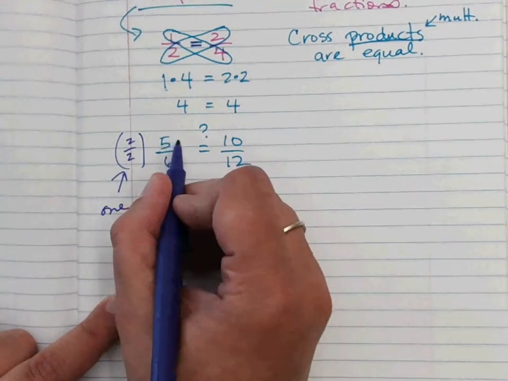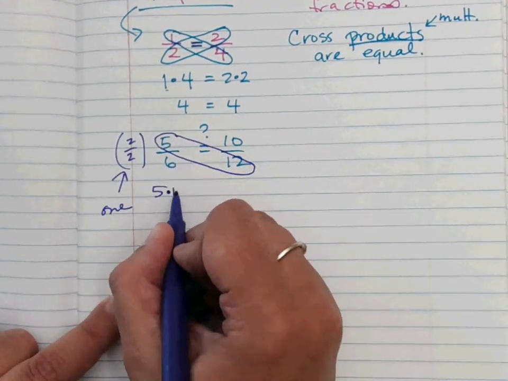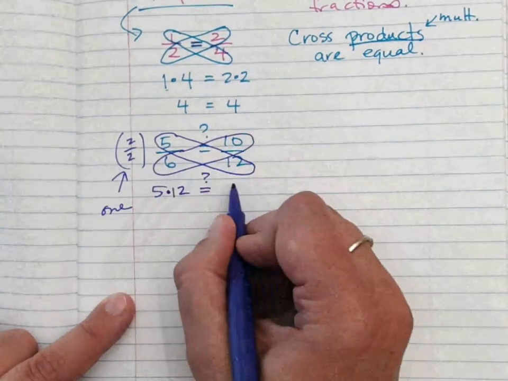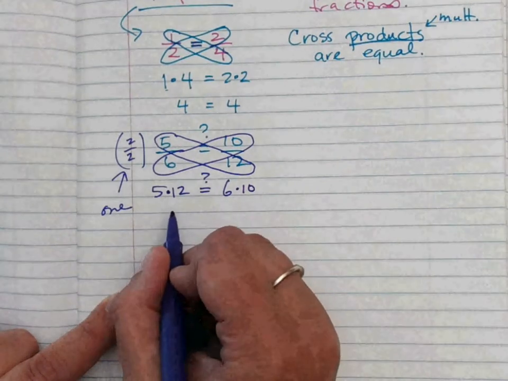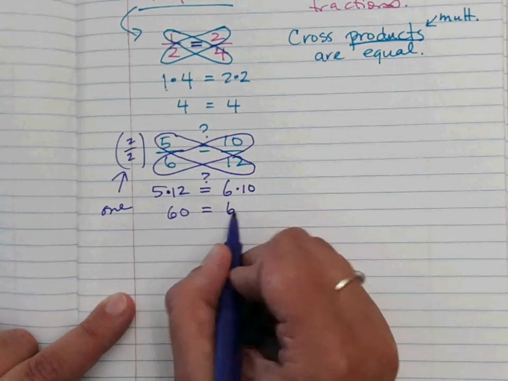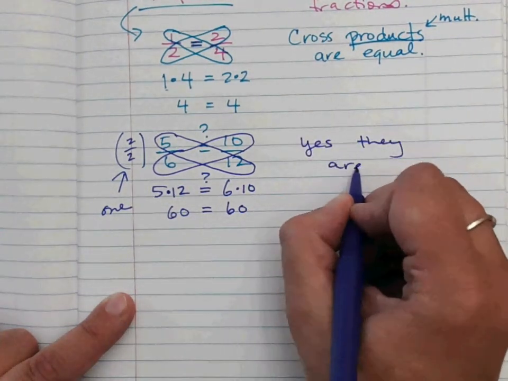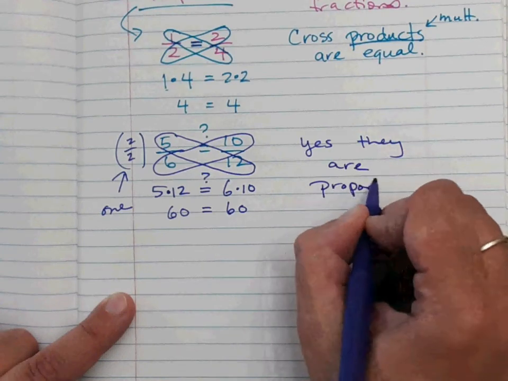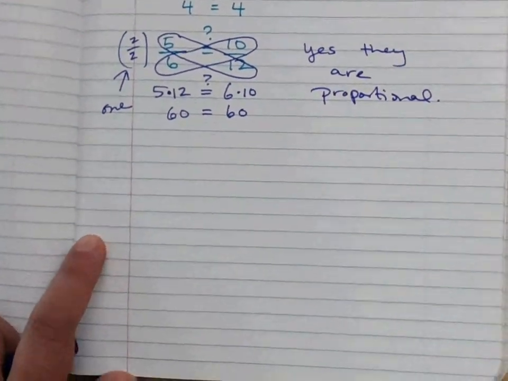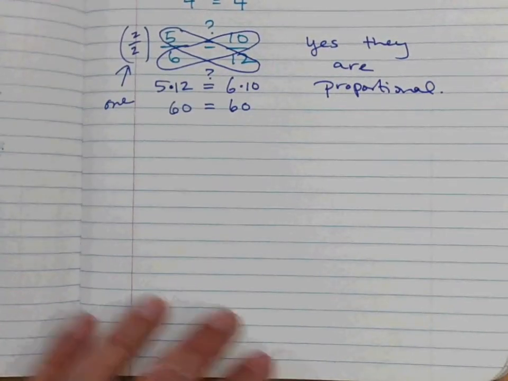But we could also use this idea of the cross products to check. 5 times 12, is it equal to 6 times 10? And yes, 5 times 12 is 60, and 6 times 10 is 60. So yes, they are proportional, meaning they're just equal to each other. They're equivalent fractions.